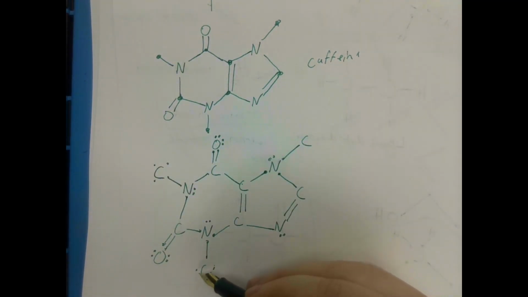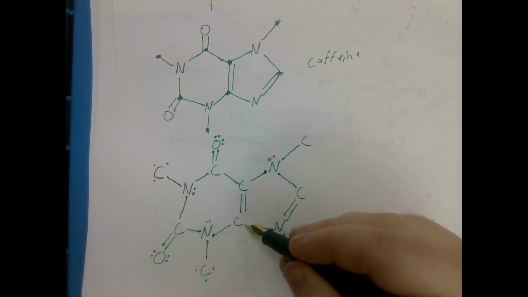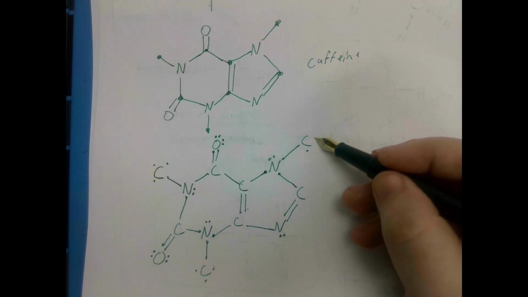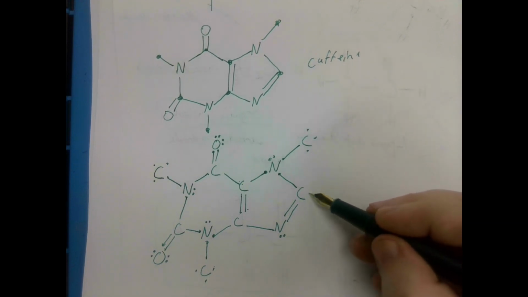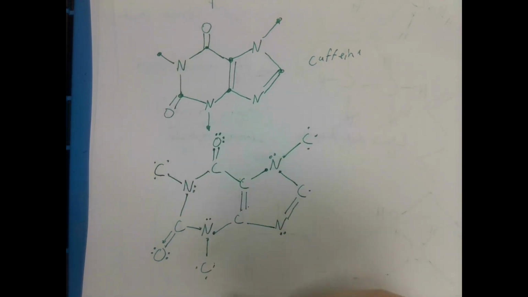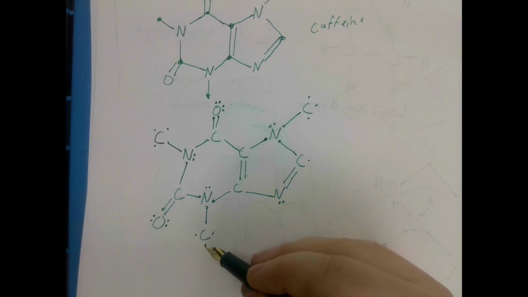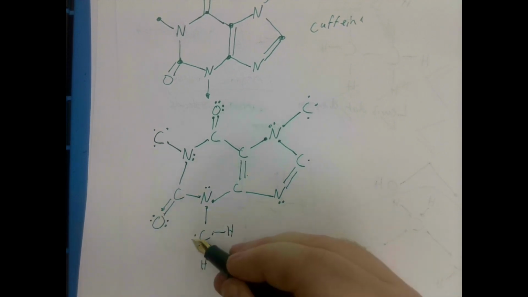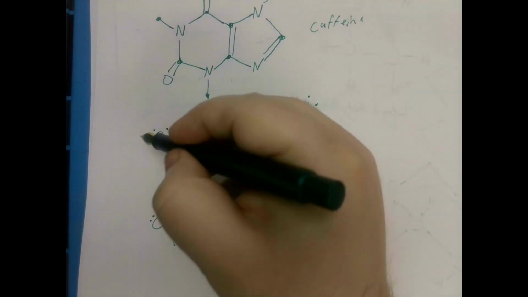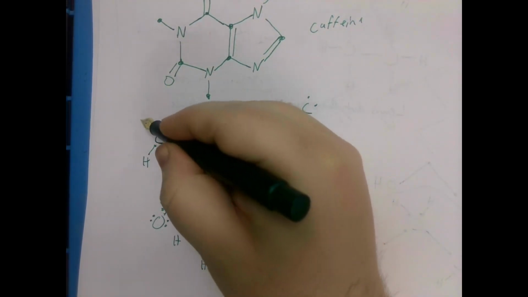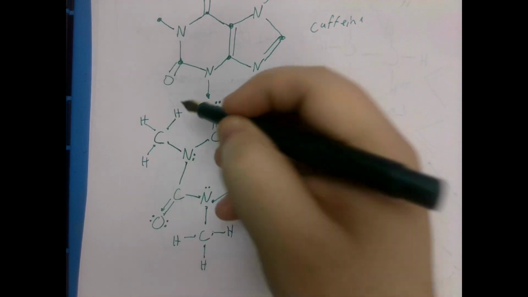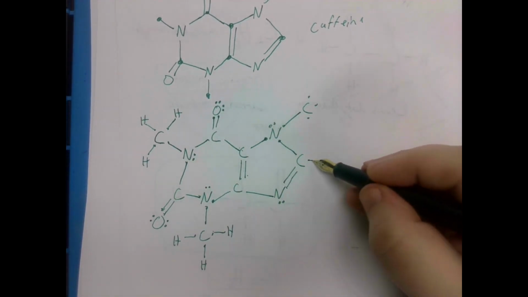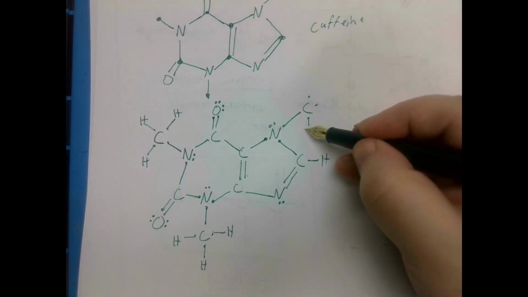So 1, 2, 3, 4 for each carbon. So we need to balance it out by sharing an electron from a hydrogen. And you only do it to carbon atoms, none else.